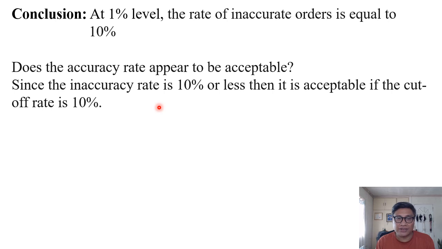Since the inaccuracy rate is 10% or less, it is acceptable if the cutoff rate is 10%. If only the sample proportion were more than 10% and we found out that it is significant, that's the only time, class, that we could say that the inaccuracy rate is more than 10% and it would not be acceptable anymore. So I guess you've learned again the lessons about hypothesis testing on proportion.